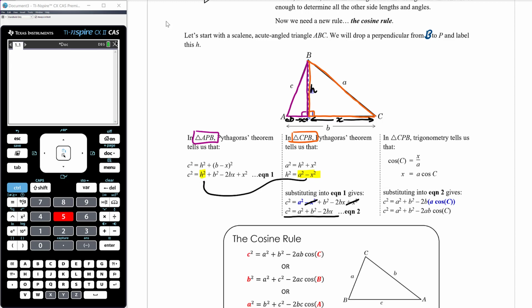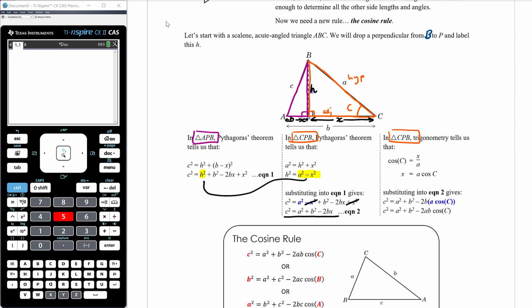So then we're going to use triangle CPB, the orange triangle, and use trigonometry in there. Trigonometry tells us that cos of C is equal to the adjacent side length over the hypotenuse, so x over a. Again, I can rearrange to get x on its own by multiplying both sides by a, and I know that x is equal to a times cos of c.